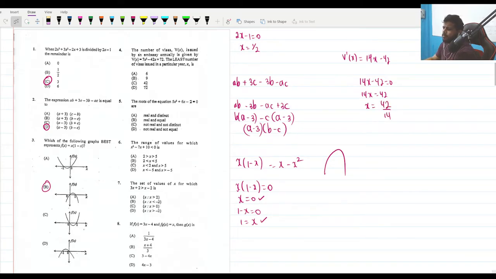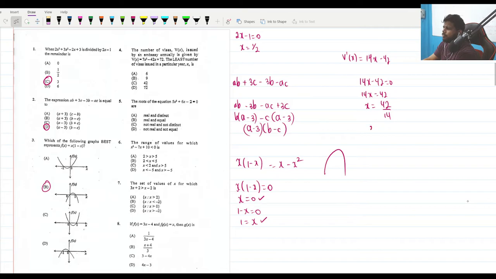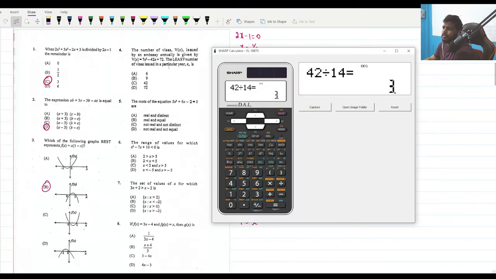If you're uncomfortable, or if you just want to make sure, 42 divided by 14 looks like 3. x is 3. So when x is 3, v of 3 is equal to, substitute 3 into the function, 7 into 3 squared minus 42 into 3 plus 72, 9.